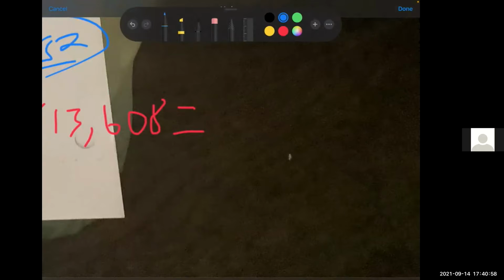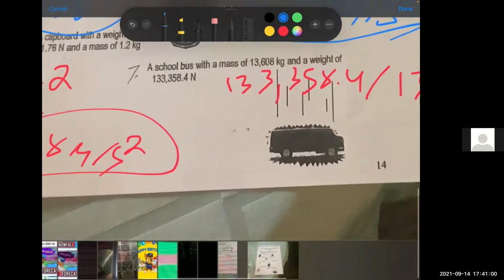It's a big one, so we've got to go with 133,358 divided by 13,608.